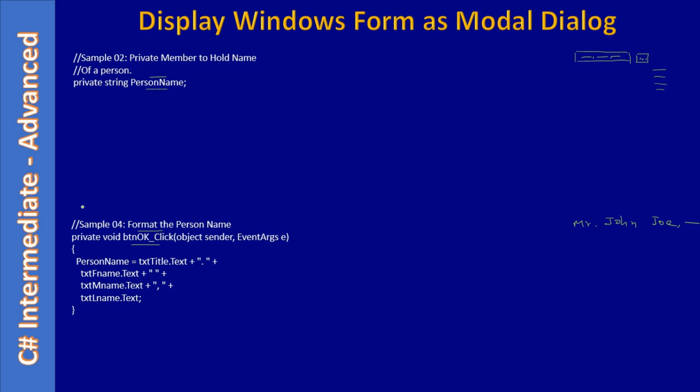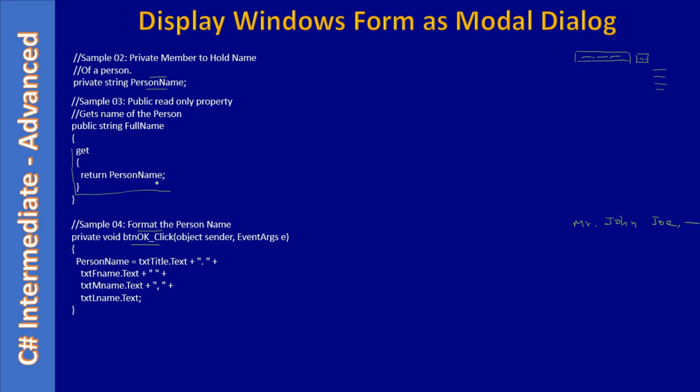Since this is private, we will introduce a property, and if you see, since we have only a get and there is no set here, and this is public, the property is read-only. So the user cannot access this person name directly.